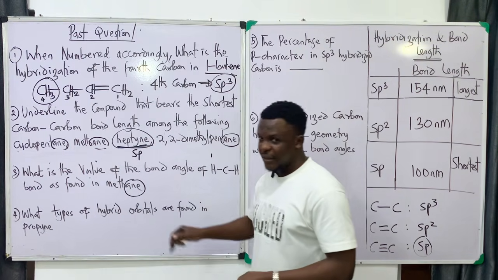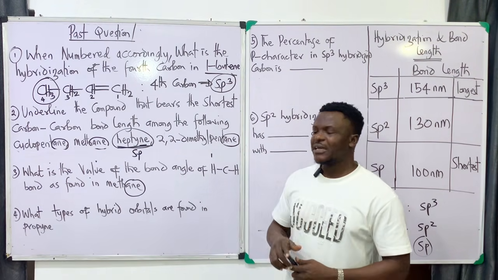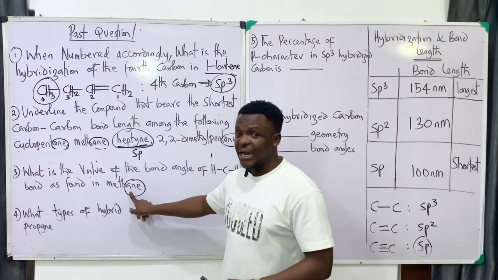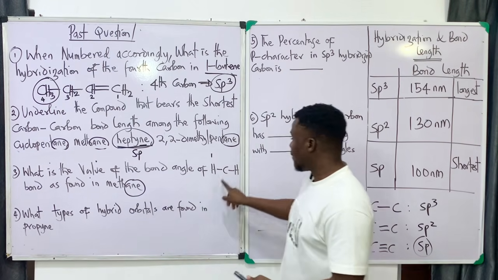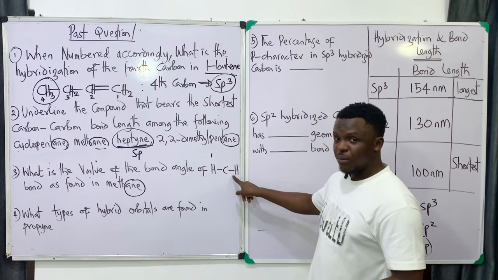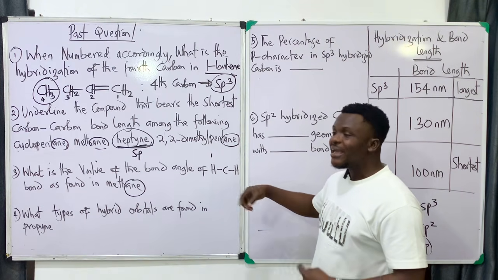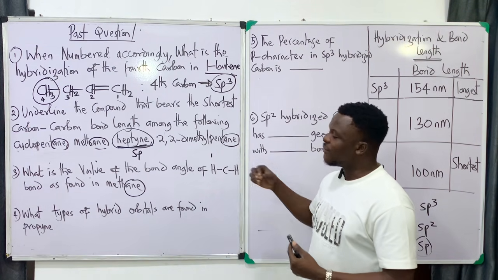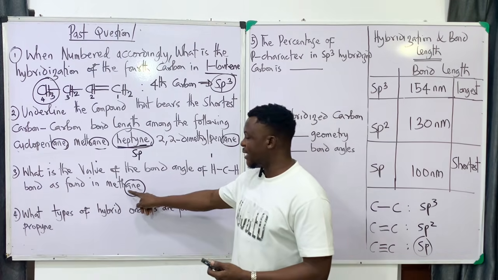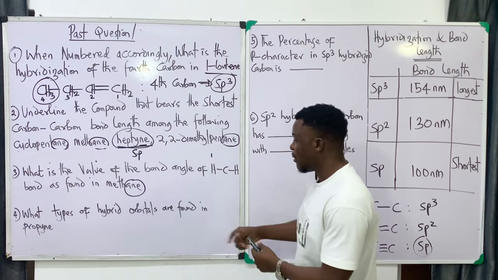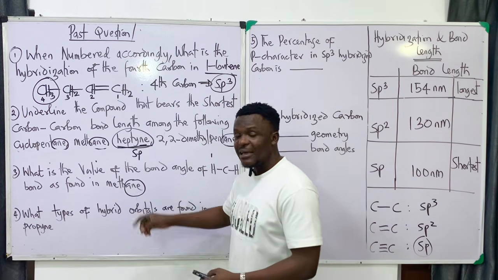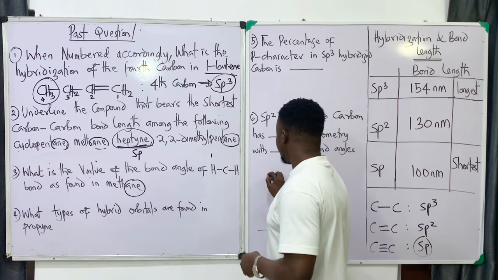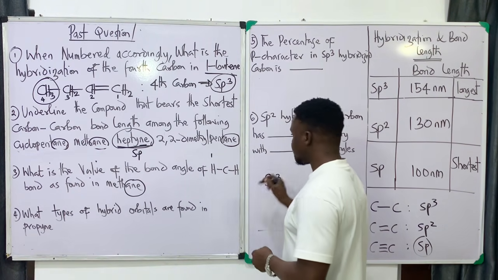Methane is an alkane, and remember what I told us, that all the carbons in alkanes are sp3 hybridized, because they do not have a double bond. That is enough for us to know that this is sp3. And since they said it is methane, and any compound that ends with ane is an alkane, alkanes have hybridization of sp3.